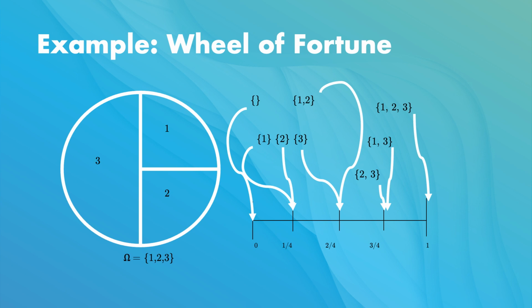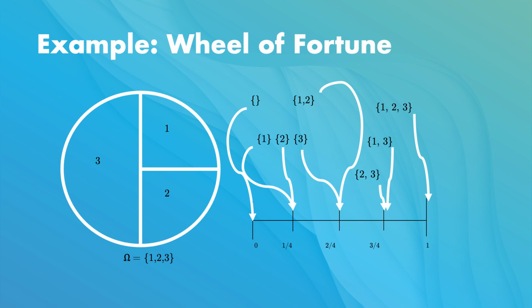And these arrows that you see here are a representation of the probability function. It's mapping the event to the probability space. For example, the empty set has a probability of 0. It will never happen because by definition the Wheel of Fortune will always give a result.